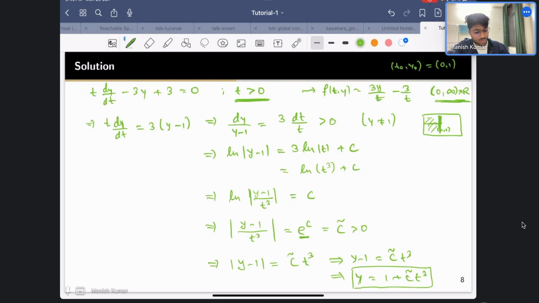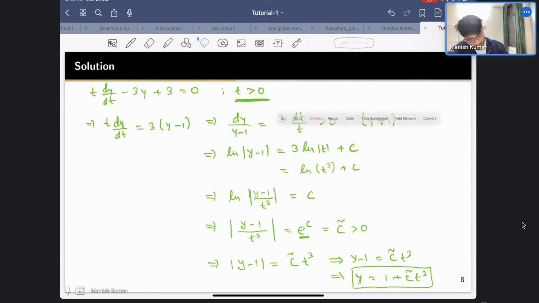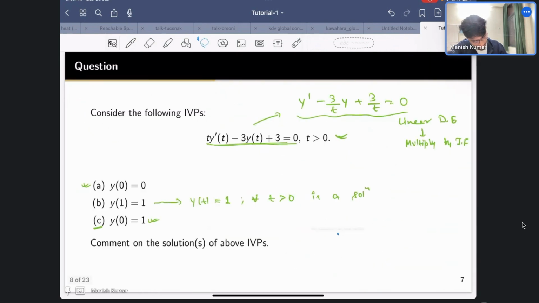But let me explain here itself. Now consider this B problem. Consider the second initial condition, which was y of 1 equal to 1.